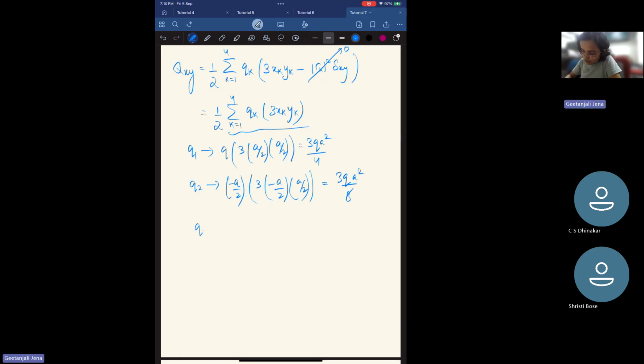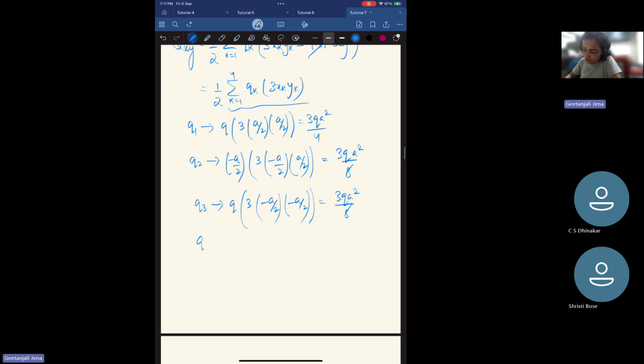Q3 is Q times minus a by 2, minus a by 2, giving 3 Q a squared by 8. And for Q4, it is minus Q by 2 times 3, a by 2, minus a by 2, which is 3 Q a squared by 8. So Qxy will be the summation of this.